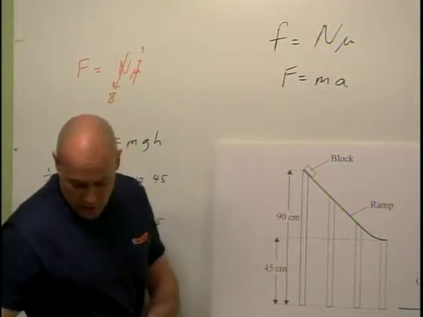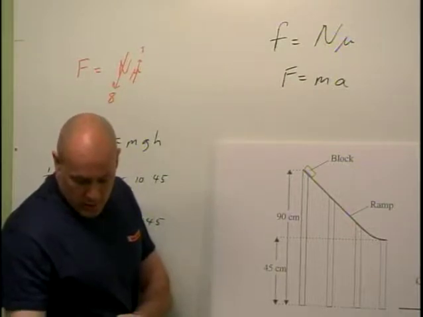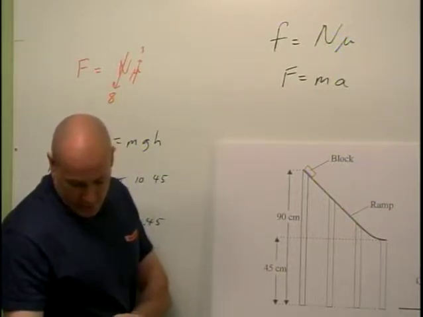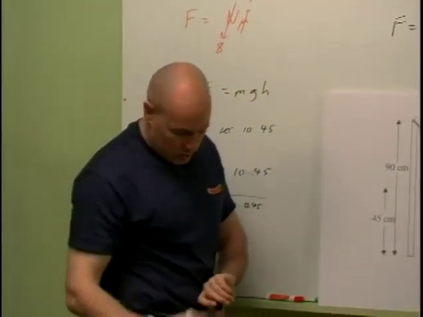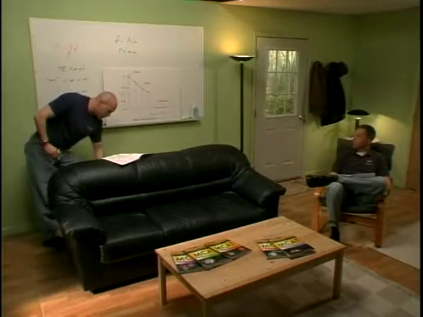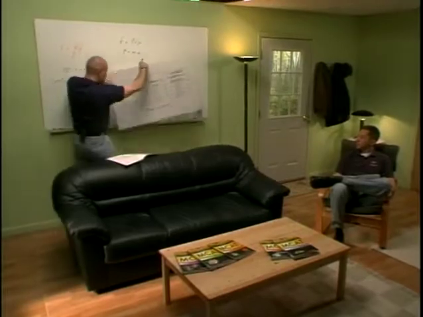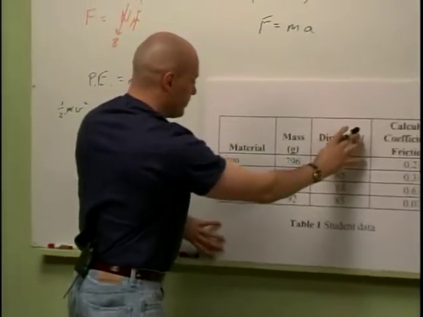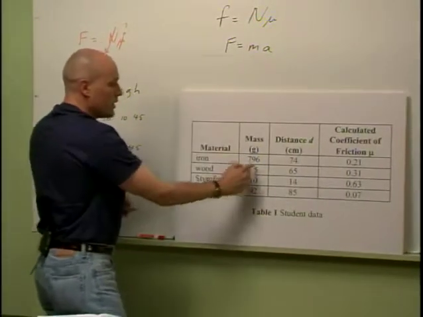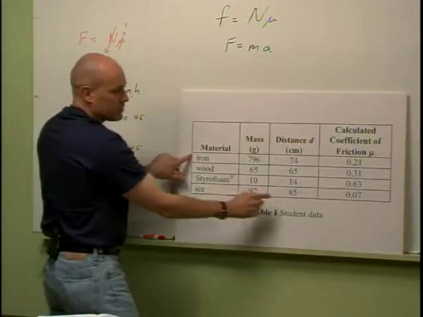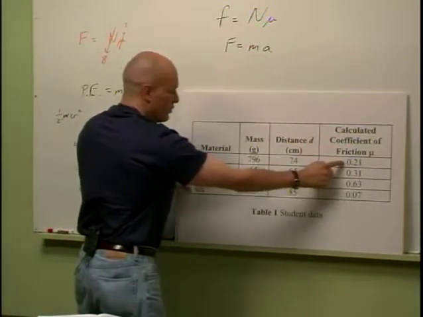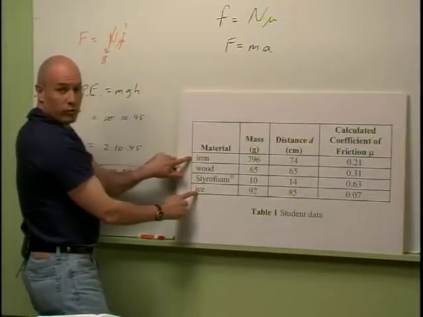And I'm just going to look and see. The iron block is, let's see, how many times? It's 8 times greater approximately than the ice block in terms of, you know what, let me show you the table here. So if we take a look, the iron block is 8 times greater than the ice block in mass, and it has a greater coefficient of friction, so iron is going to have a greater frictional force.